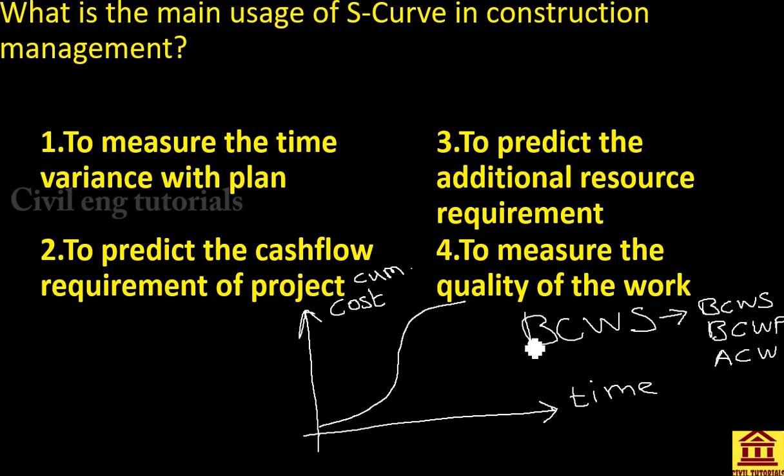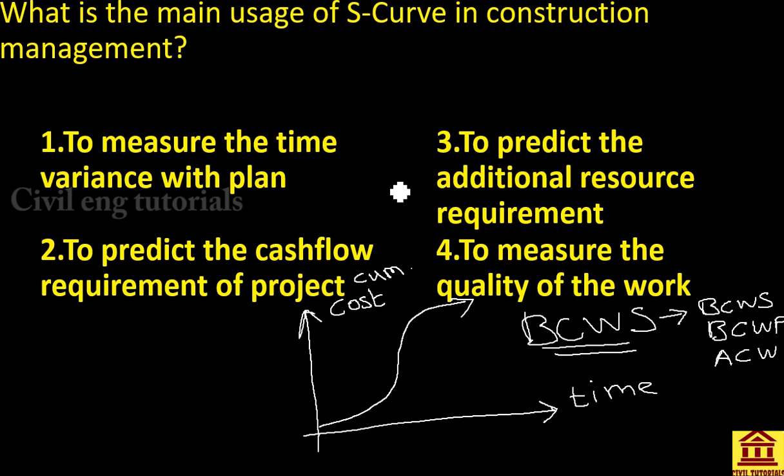But the S-curve is mainly drawn for budgeted cost of work scheduled, since in the budget we have defined the work scheduled, and this is drawn before the work started.